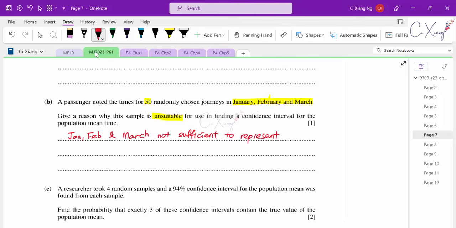And the weather might be different, which will affect the time taken for the train to travel, so it might be different at different times of the year.